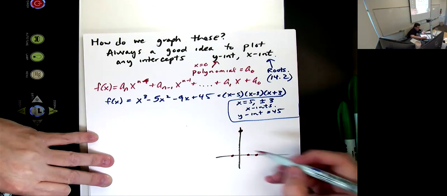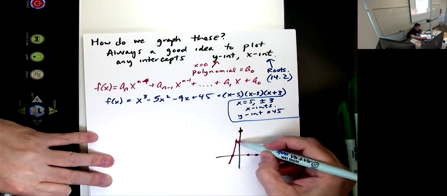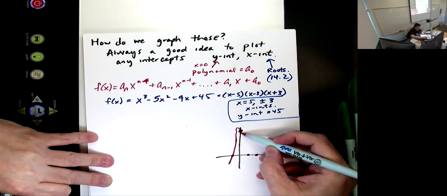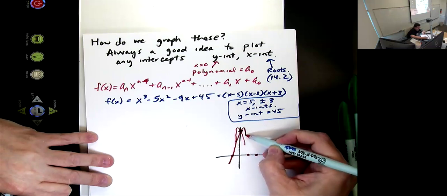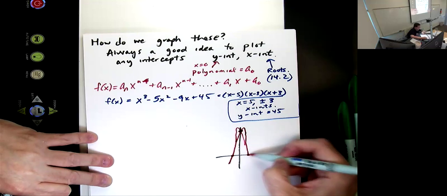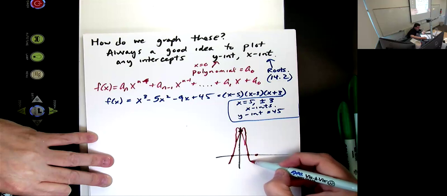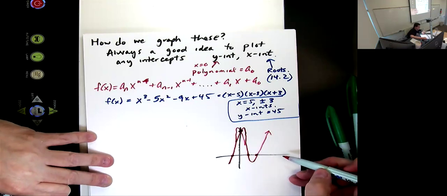So just looking at it, it looks like it's going to come up here. It's got to cross here. I don't know if it goes above it afterwards, but eventually it crosses there, it comes back down here, it's got to cross here. And it looks like it goes like this, just with the roots and the intercepts we have right now.